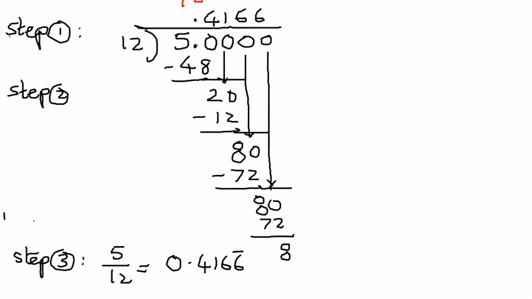So we can also say that it is approximately equal to 0.417 if we want to round it to the 10th, 100th, 1000th place, like that. So this is how we do it. This is the procedure to follow to be able to convert fractions to decimals. In my next presentation, we shall look at some more examples to see how we can convert fractions to decimals.